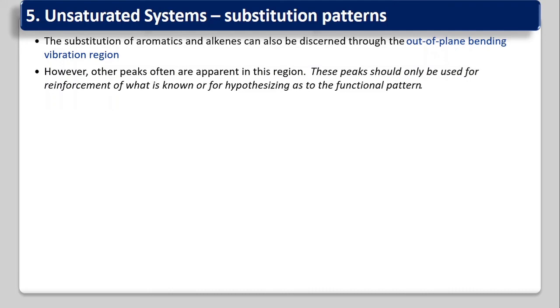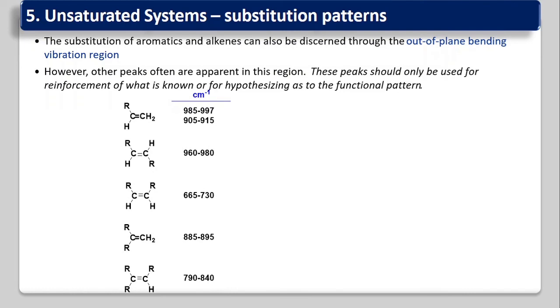But if the pattern is there, then you can use this area for identification of compounds by comparing the spectrum data, or the functional group pattern in the aromatic system or alkene system. Then you can understand by this region. For example, these are the alkenes.